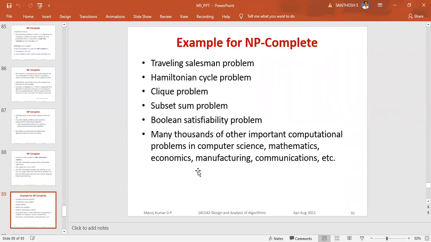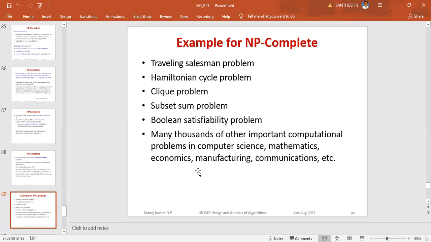Coming to the examples for NP complete. Till now we have seen many examples in the design and analysis of algorithms. In today's class, we see which problems come under P, which come under NP, and which come under NP complete. Whatever problems are NP complete will also be in NP.